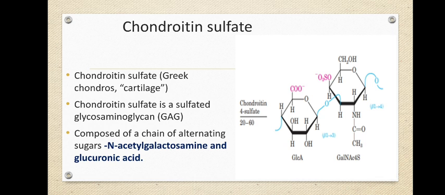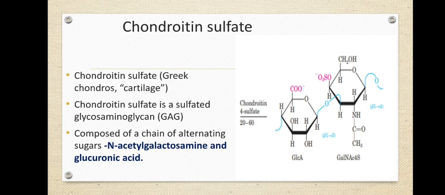Remember, glucosamine and galactosamine are different because glucose and galactose differ in one of their OH positions, usually the fourth carbon atom, where the OH group is above or below the chain. Heparin is formed of iduronic acid. So this is a GAG.